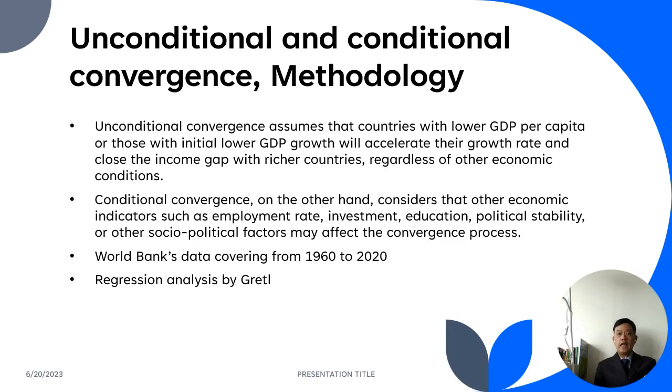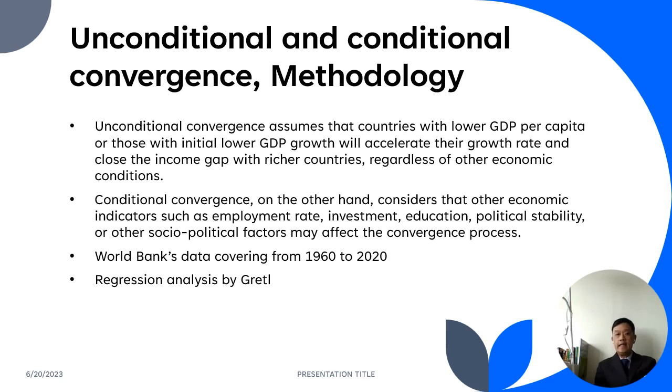Unconditional convergence assumes that countries with lower GDP per capita, or those with initially lower GDP growth, will accelerate their growth rates and close the income gap with richer countries, regardless of other economic conditions. Conditional convergence, on the other hand, considers that other economic indicators such as employment rate, investment, and so on may affect the convergence process.